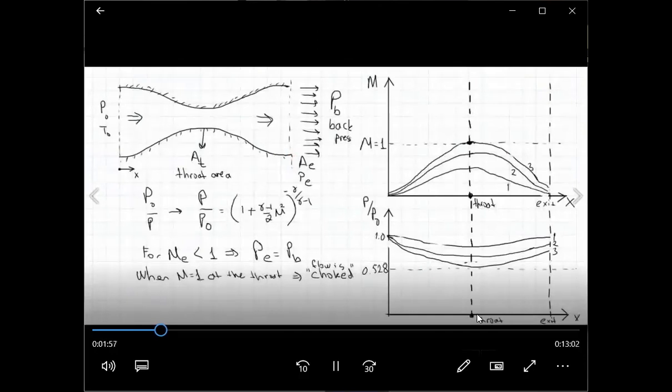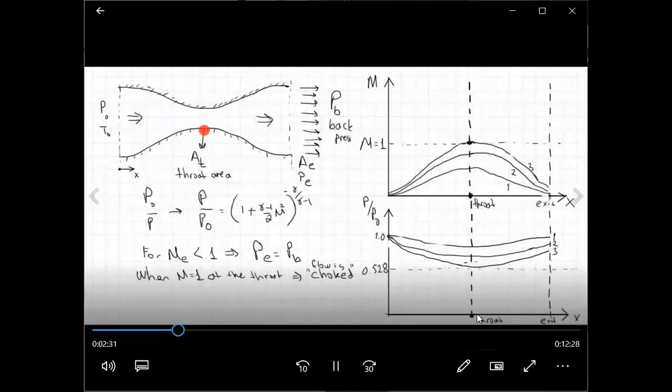So any disturbance that we create at the exit, like reducing the exit pressure, will propagate upstream with the speed of sound. However, it cannot pass the throat location, where the flow is oncoming towards the exit with the speed of sound, because we reached Mach number 1. Therefore, whatever disturbance you create at the exit will never reach upstream of the throat once the flow is choked.